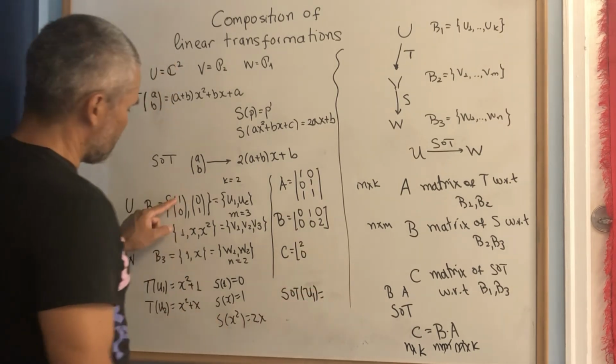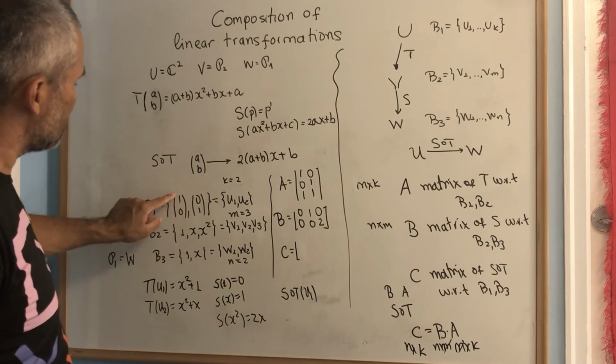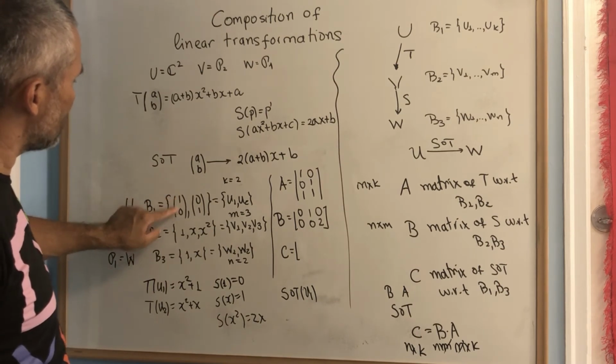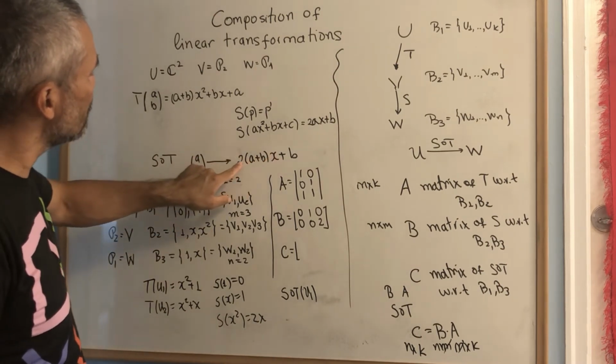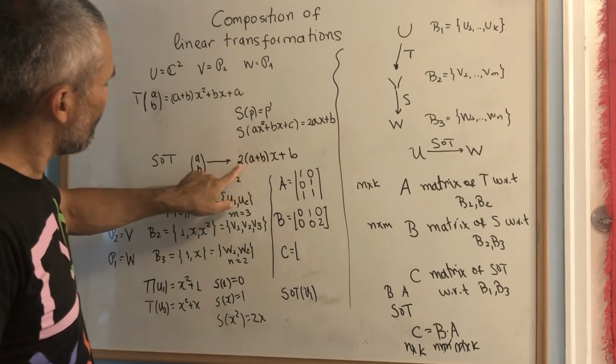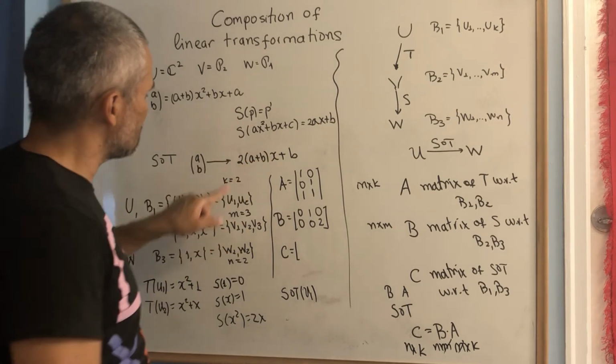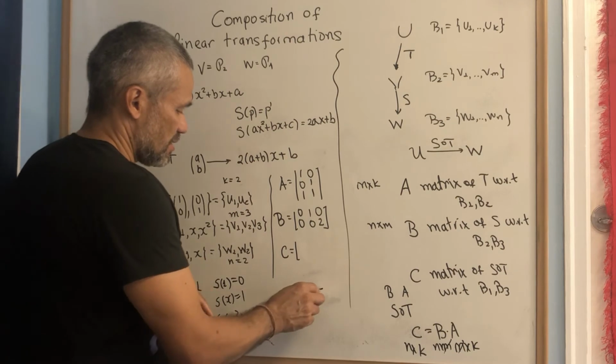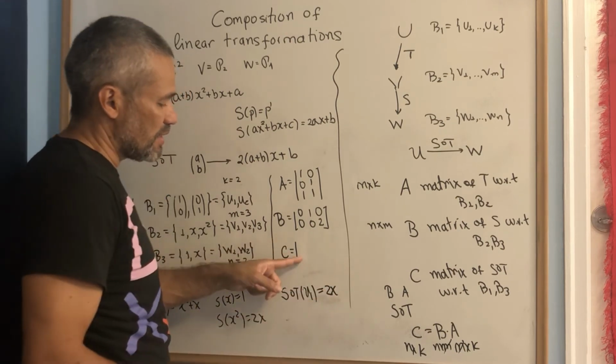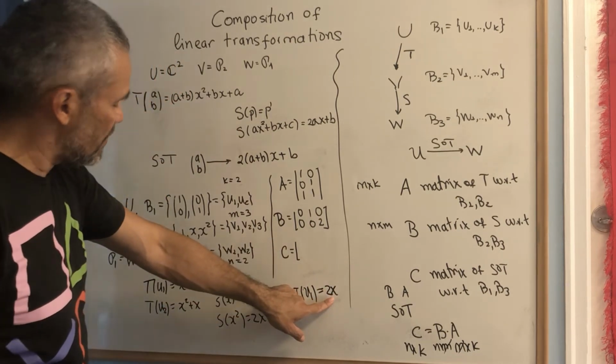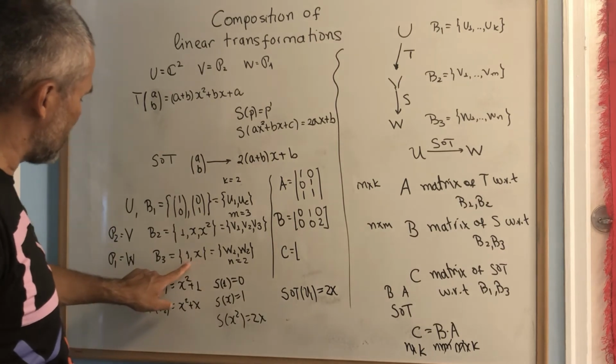But U1 is the vector 1, 0. That means that a is 1, b is 0, and it will go to the polynomial 2 times x. What comes in here? The coordinates of this vector with respect to this basis.